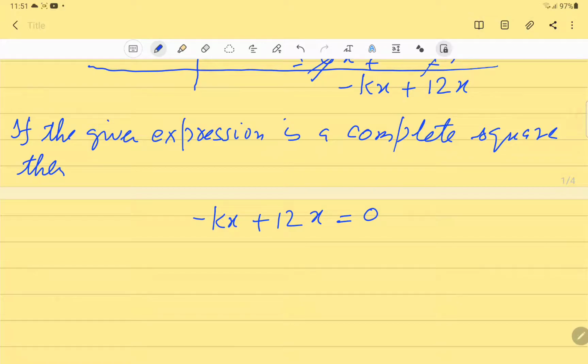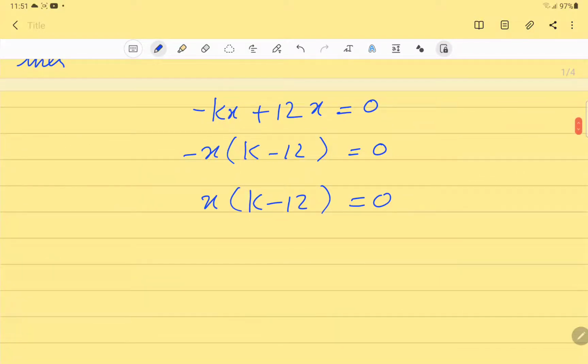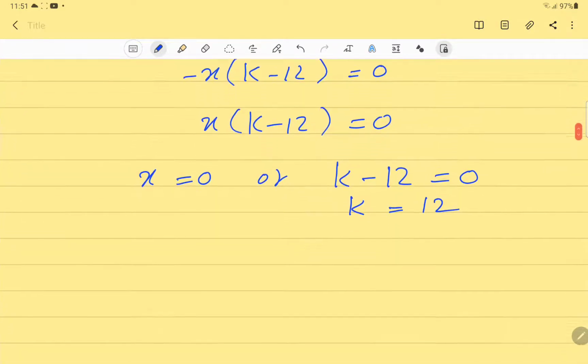Here we see that we have minus x common. So we will be left with k minus 12 is equal to 0. When we multiply both sides with minus 1, we will have x into k minus 12 is equal to 0. In this case, either x is equal to 0 or k minus 12 is equal to 0. So k comes out to be 12.